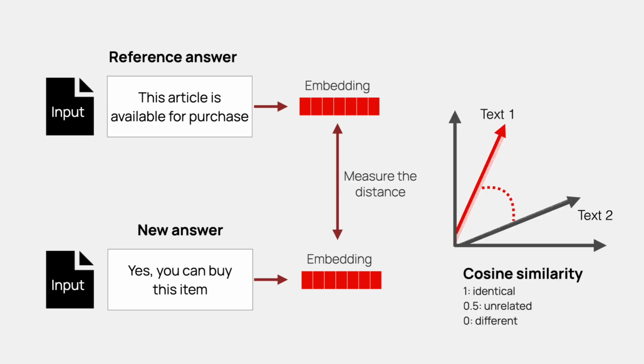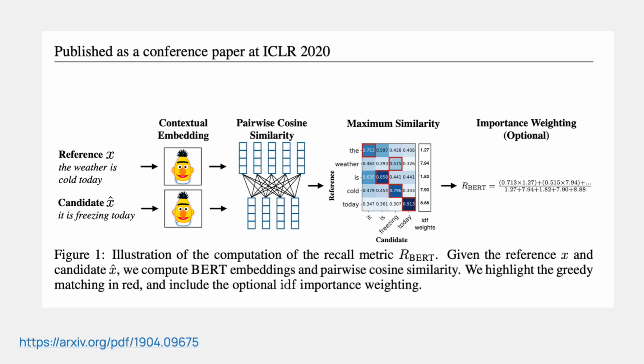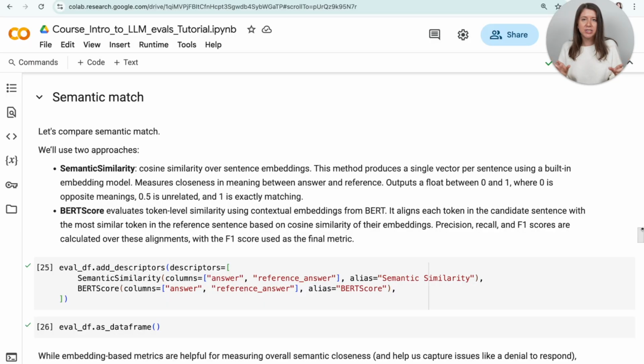And then we measure cosine similarity between these two responses. Another metric we can use is called BERTScore. In this case, it also uses semantic similarity, but it looks first at alignment between individual tokens in each response, and at the end computes an F-score based on the overlapping correctness between the two responses. So they both use semantic similarity, but implemented slightly differently.